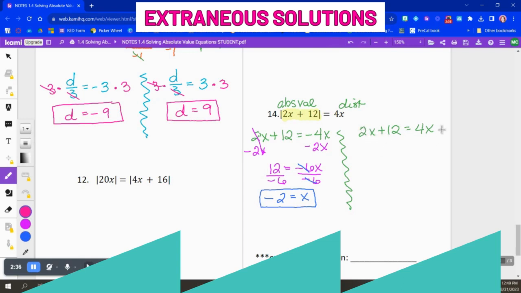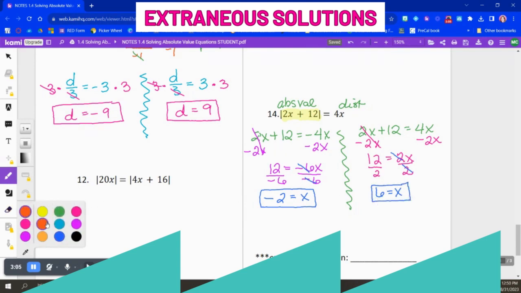So again, moving 2x to the other side, minus 2x, minus 2x. This time 12 will equal 2x. Divide both sides by 2. And this time x equals 6.